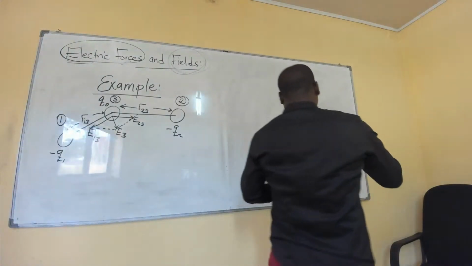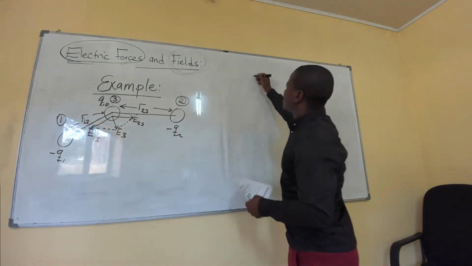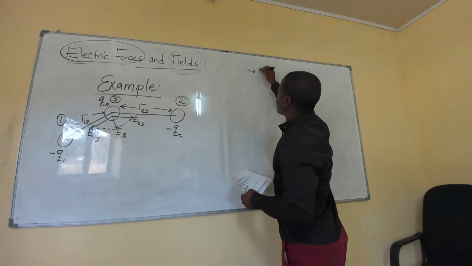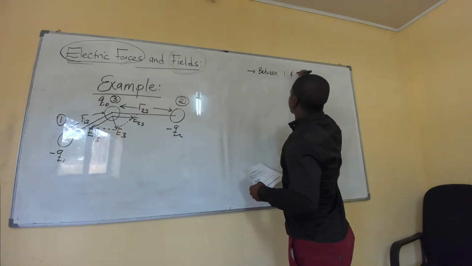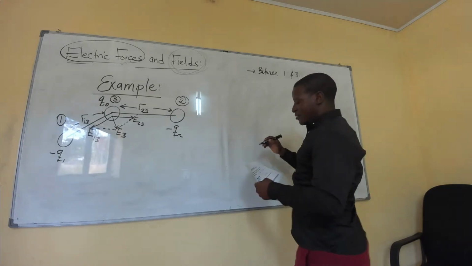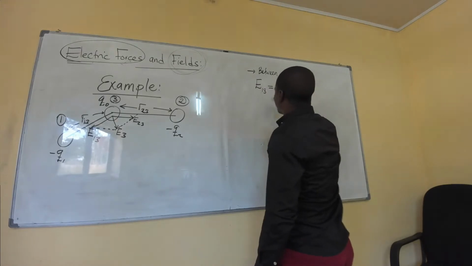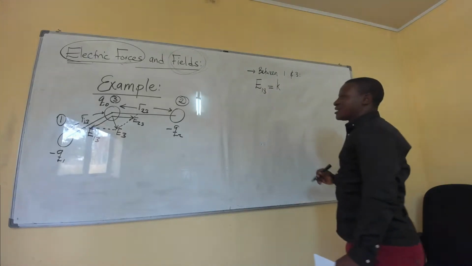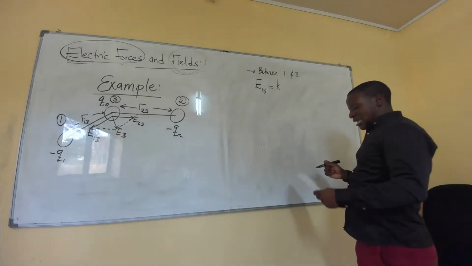Okay, so first of all, let's look at between what? Between 1 and 3. What do we have? So here we have our electric field between 1 and 3 to be equal to K, which is the proportionality constant, that is sometimes referred to as the Boltzmann's constant.